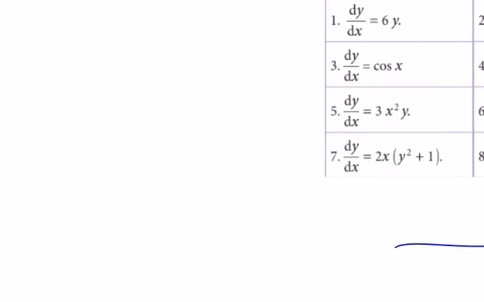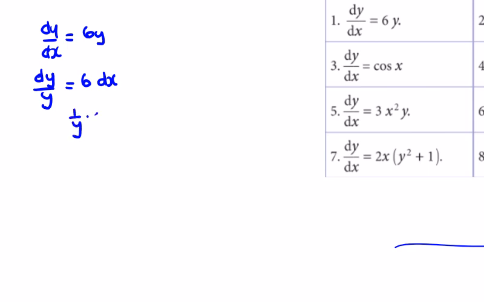Now let's have a go at solving a few more. Number 1, 6y dy/dx is equal to 6y. So dividing by y and multiplying by dx, we're going to get dy over y is equal to 6 dx. So that will be 1 over y dy is equal to 6 dx.